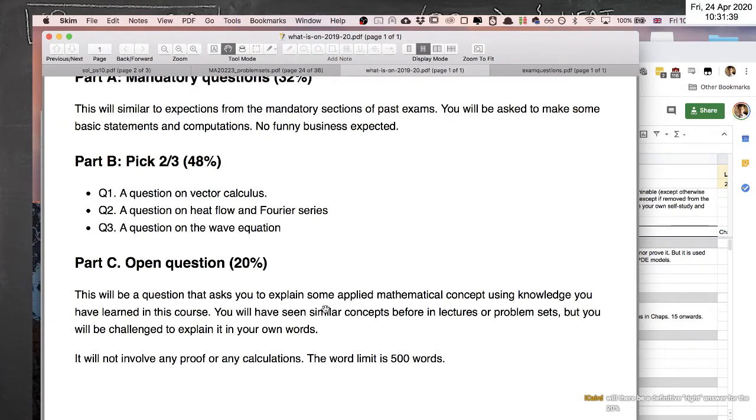For example, if everyone just scores 100% on Part A and Part B, there has to be this additional question to help separate the first class and 2 ones, and so forth. Or alternatively, if for whatever reason students do really poorly because the structure of the course made it very difficult for them to study, then that extra 20% gives us the freedom to help scale the marks in a positive direction.